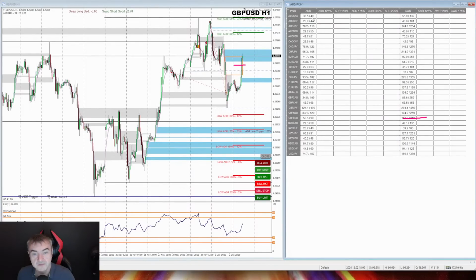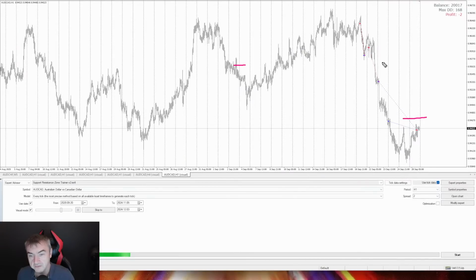Yeah, it's about 50 ADR, so that's a 5 ADR move roughly, isn't it? Yeah, so this has moved 5 ADR to the downside. If you space your trades 1/4 of an ADR apart, you're going to have a lot of trades. If you space it 3/4 of an ADR apart, i.e. in this case about 75 pips, you're not going to have more than 3 or 4 trades on. It's going to want to pull back on it.